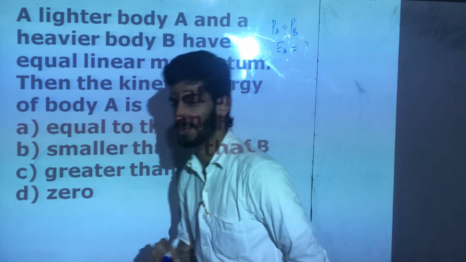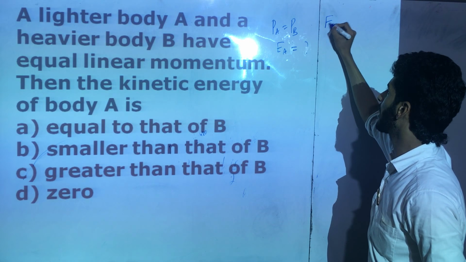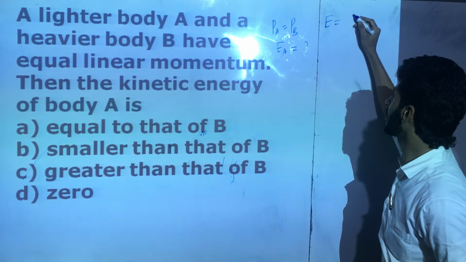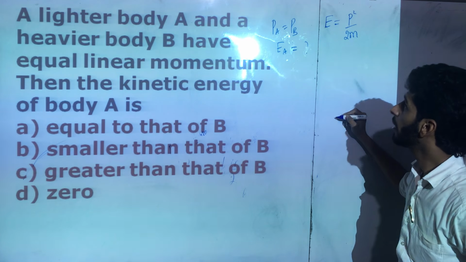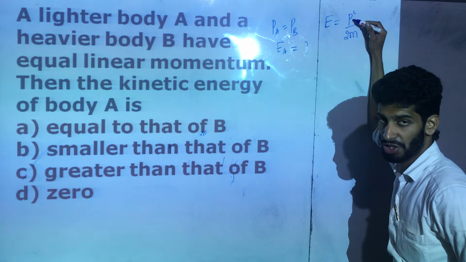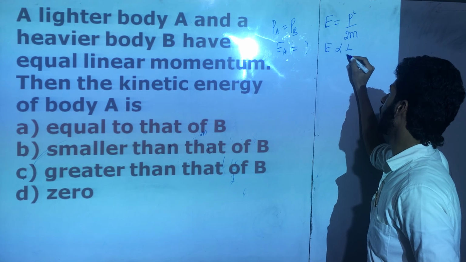So I've got options. I need an equation relating the kinetic energy and the momentum, that is P squared by 2m. Remember, P is the same for both bodies, A and B. Energy is inversely proportional to mass.